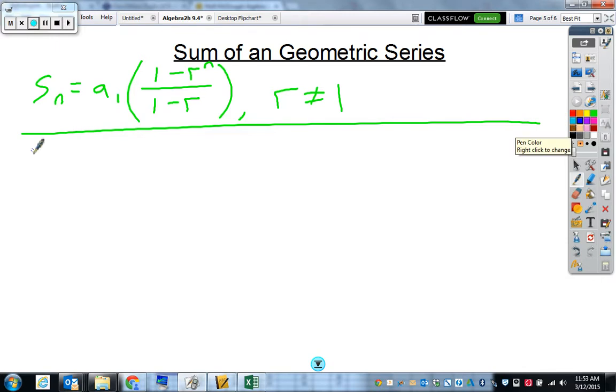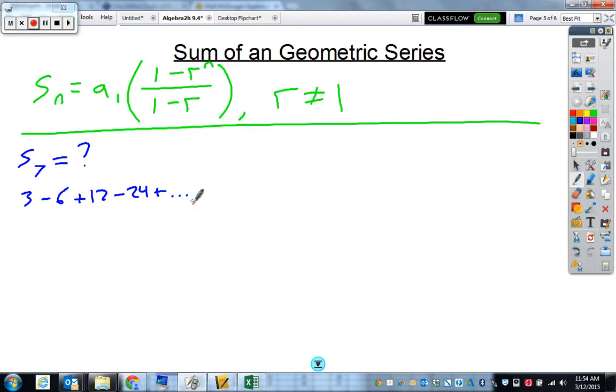We're going to find s sub 7, and that means I'm adding the first 7 terms together, trying to find s sub 7. My terms are 3 minus 6 plus 12 minus 24 plus ... Okay, well, let's see here.